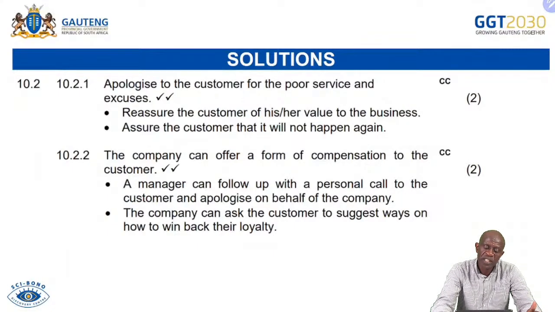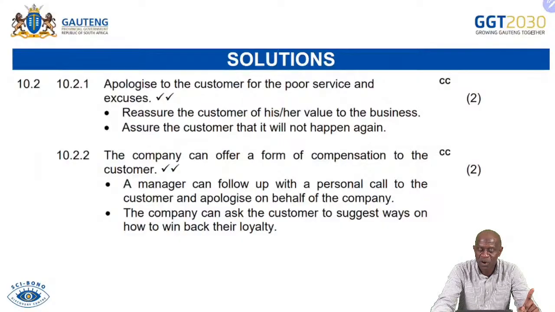So the solution for 10.2.2, the company can offer compensation to the customer. A manager can follow up with a personal call to the customer and apologize on behalf of the company. This answers what action can the company take, and the actions are threefold here, but only one was required.